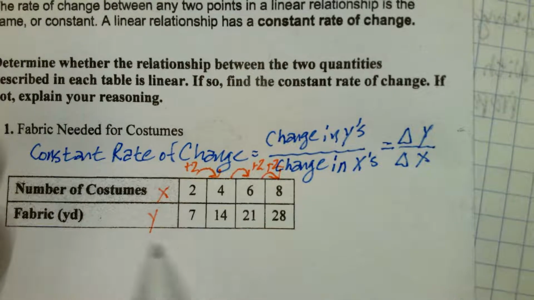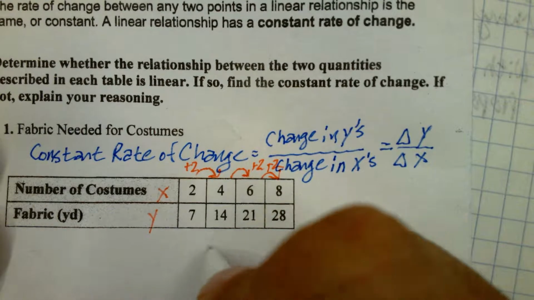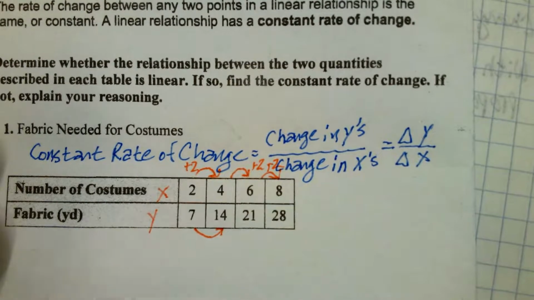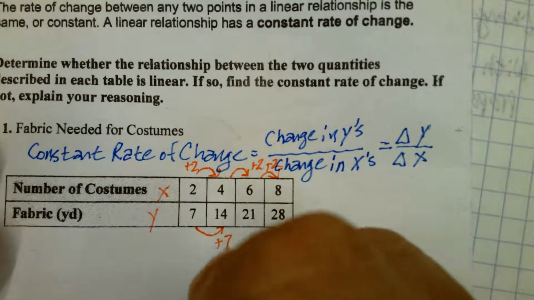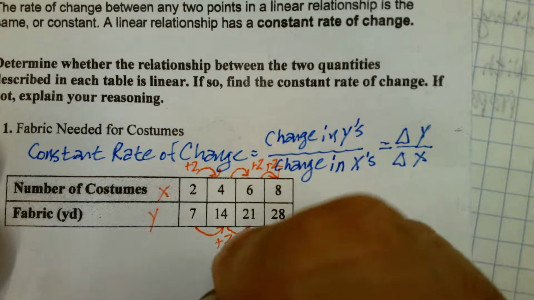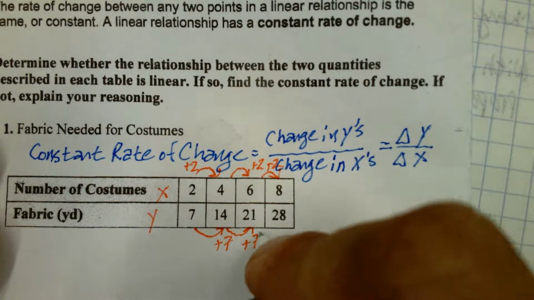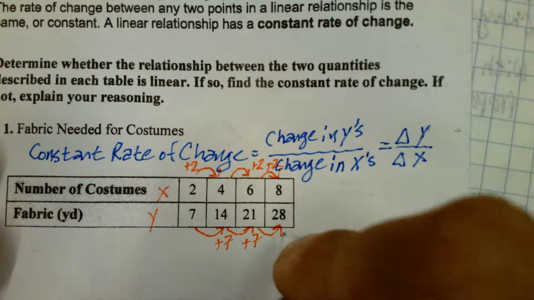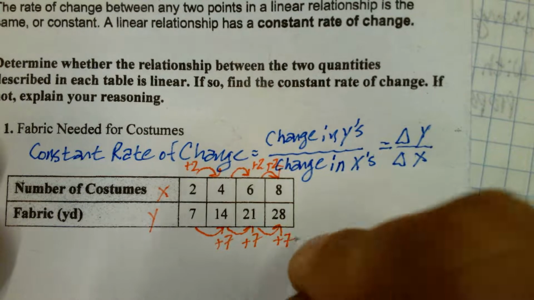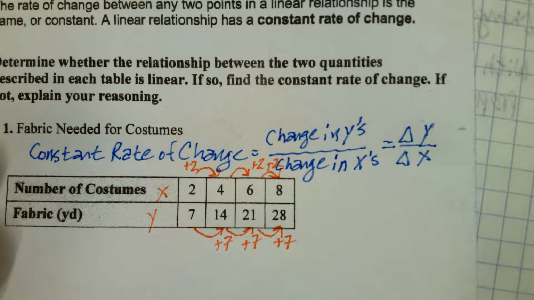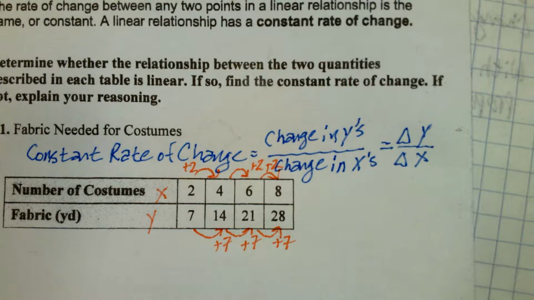Let's look at the fabric in yards. We're going from 7 to 14. What's the change there? 7. And then 14 to 21, 7 again. And then 21 to 28. Is this looking familiar? Okay. Well, here we go.